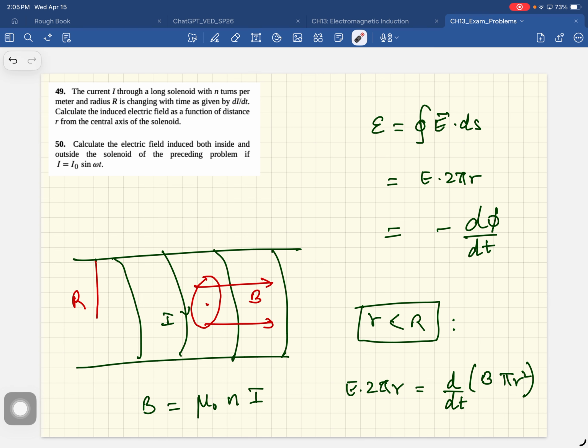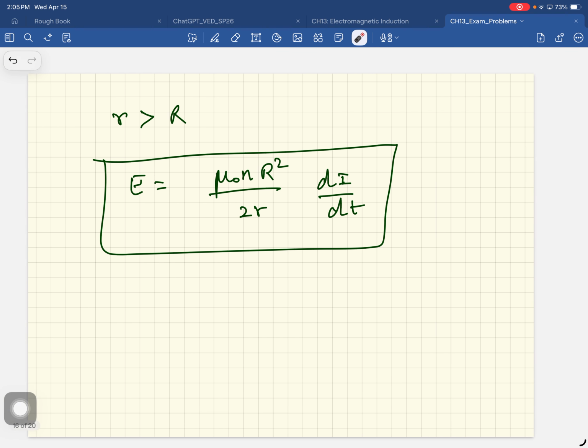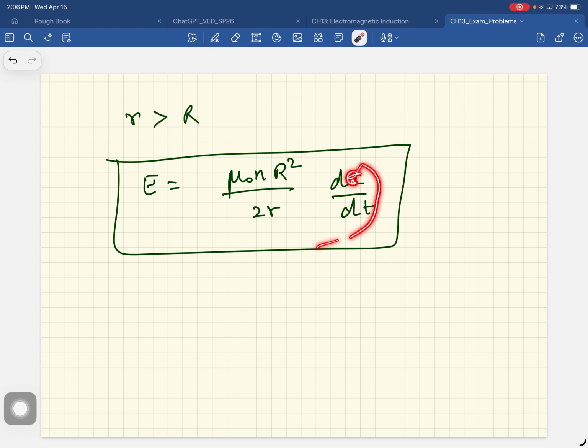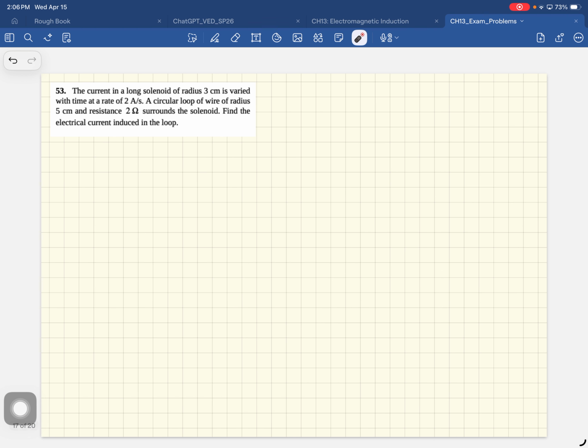That's not given in the problem, but we need it. Then pi r squared with radius 3 centimeters, and dI by dt is 2 amps per second. So that is the induced EMF in this loop.